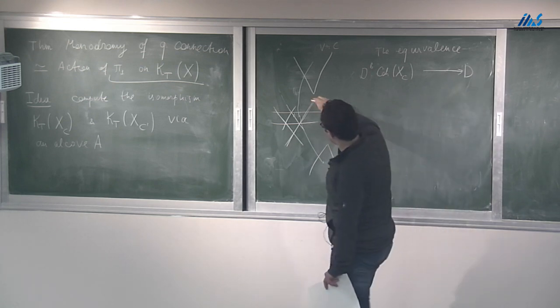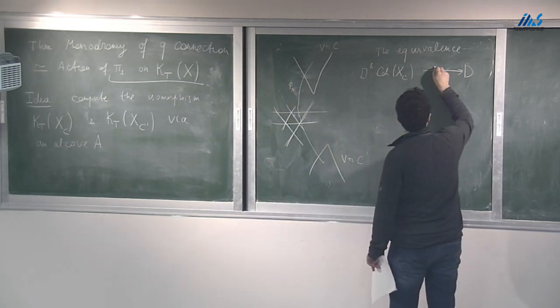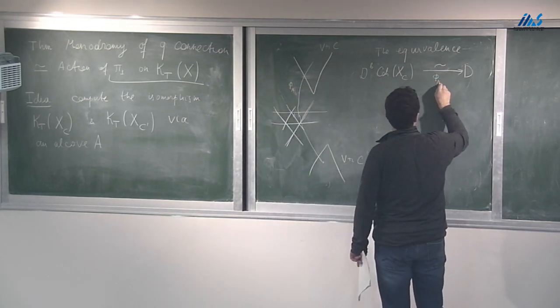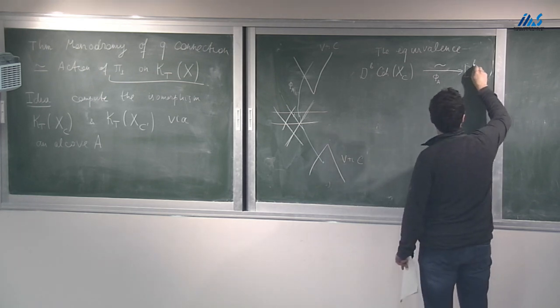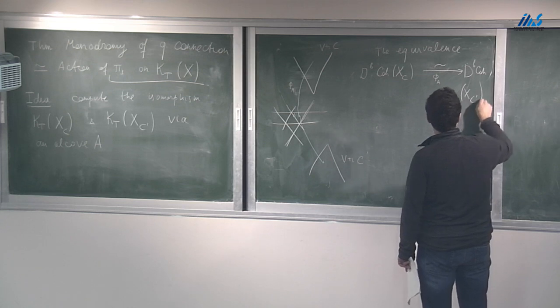Maybe let's have this temporary notation that this is phi A to dB co of x c prime.